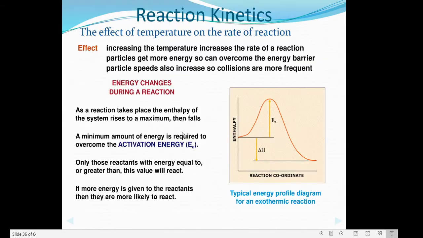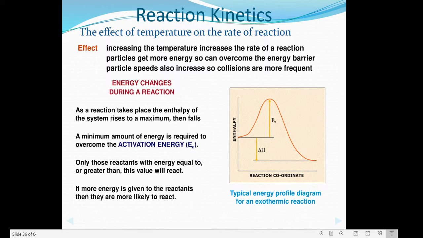Then reaction kinetics. In reaction kinetics, the measuring of energy changes during the reaction is called reaction kinetics. The effect of temperature on the rate of reaction is denoted by experimental values.